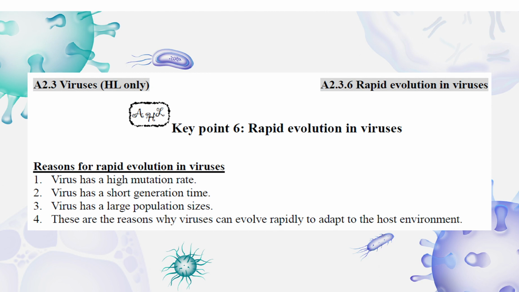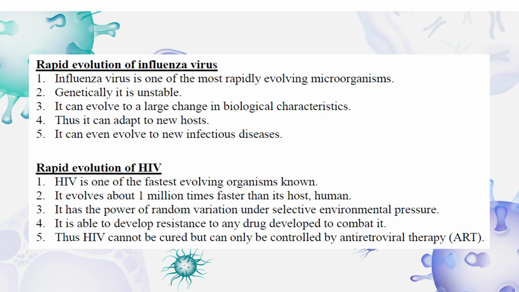They just go into one host cell, hijack the system, and reproduce a lot of viruses quickly. So they also have large population sizes. This is the reason why viruses can evolve so rapidly and adapt to the host environment. So we can say a virus is a very effective design to adapt to extremely different host environments.